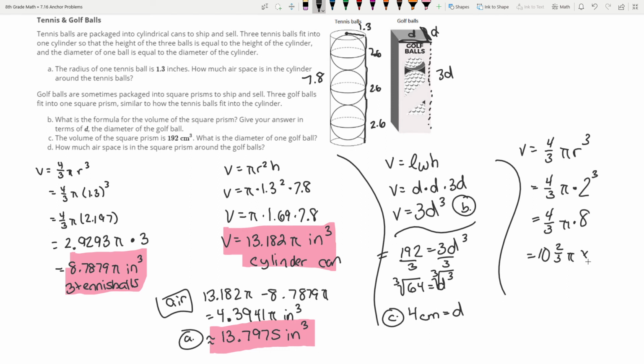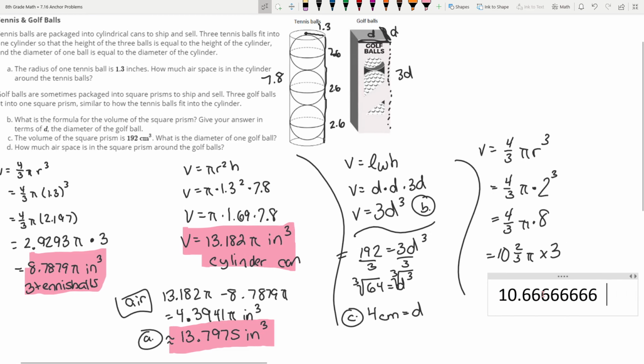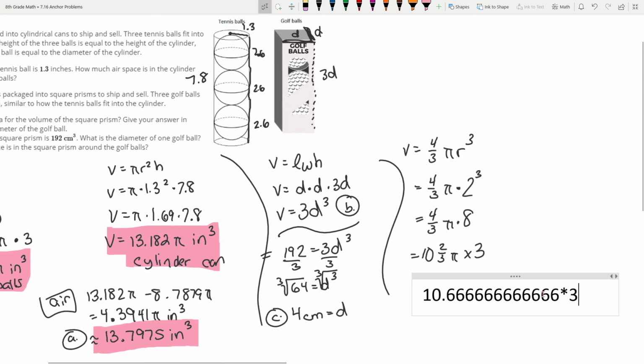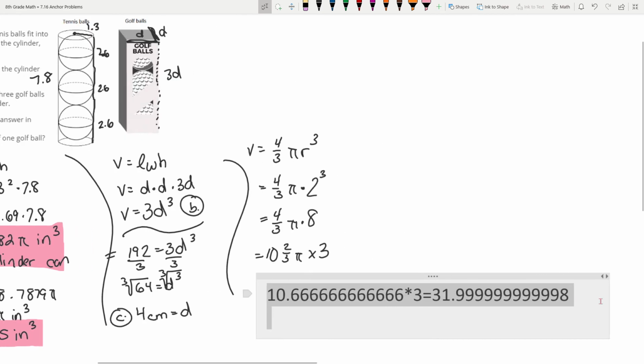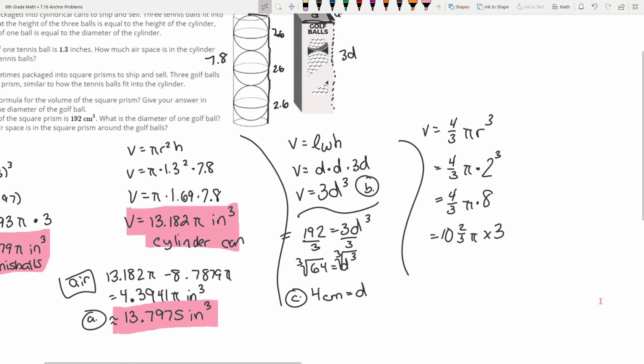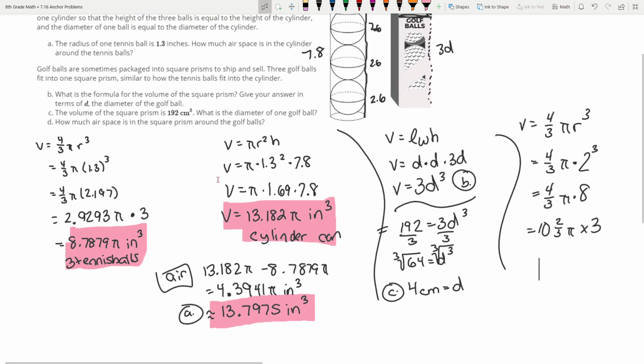If I multiply that by 3, I'll just go 10.6666666666 times the 3 is going to be equal to essentially 32. So I'm comfortable with saying that this is going to be 32 pi for these balls.